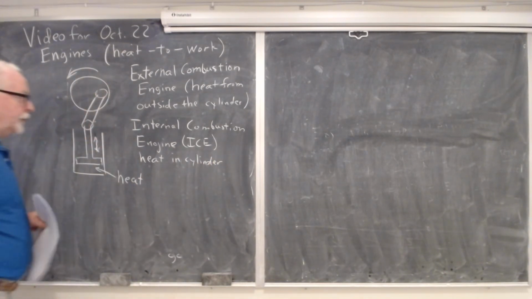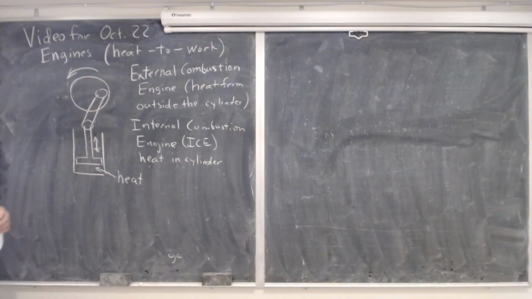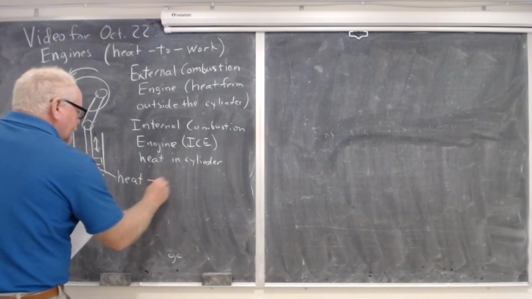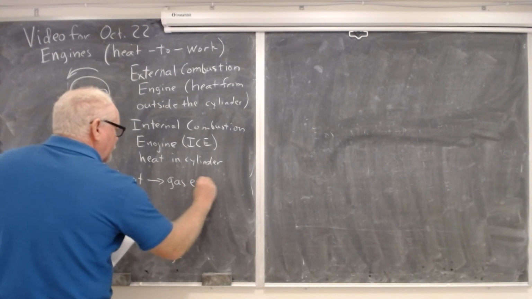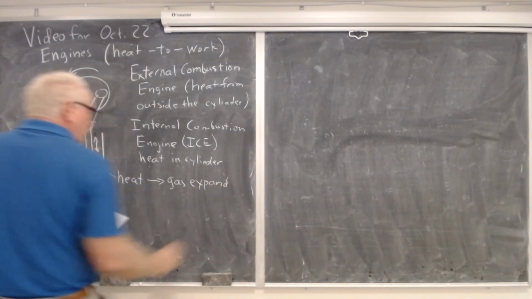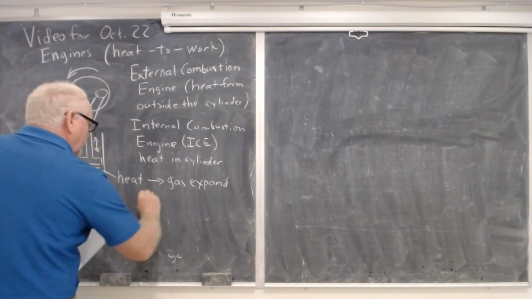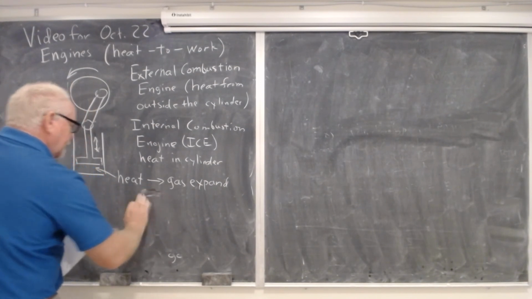After the quiz, in the first lecture after the quiz, we'll go into more detail of how that happens. But basically, heat causes the gas to expand, pushing the piston up.